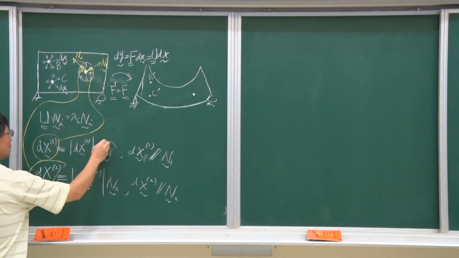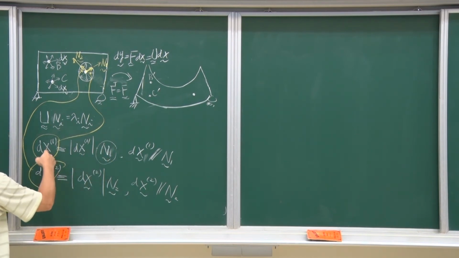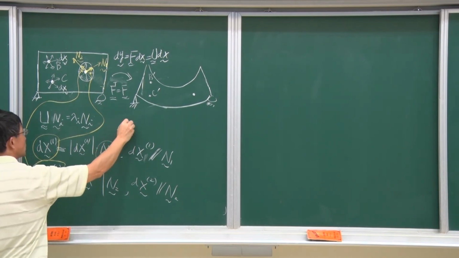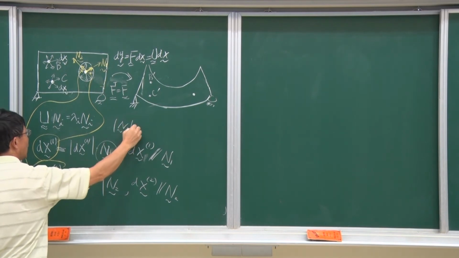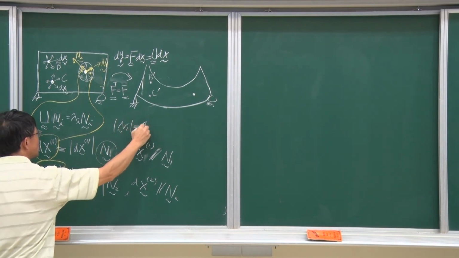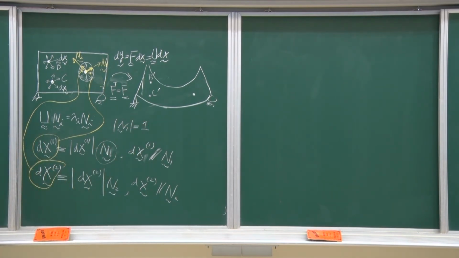N1 is the direction of this material line, but note that the length of N1 is equal to 1. It's a unit length vector. So this one is the length of this vector.